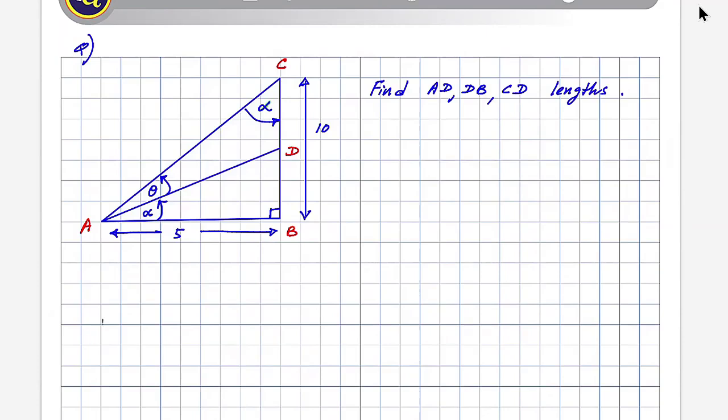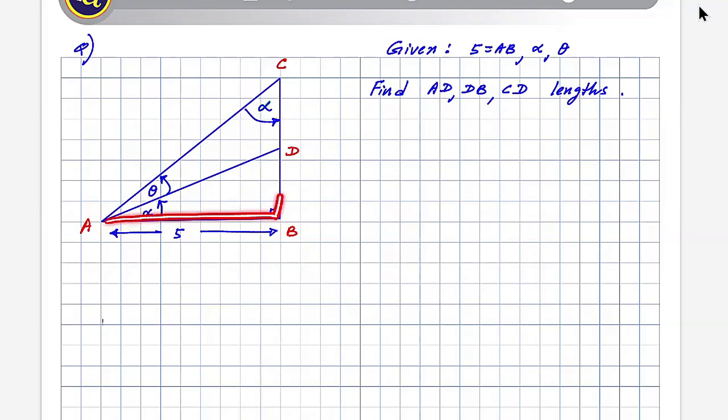Let me see. So I'm going to delete this one as well. Okay. I made it easy. So this one, let's look at this one.